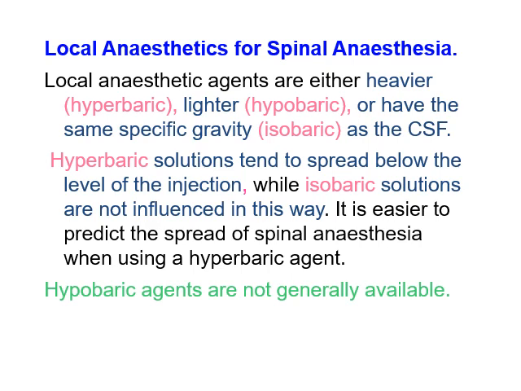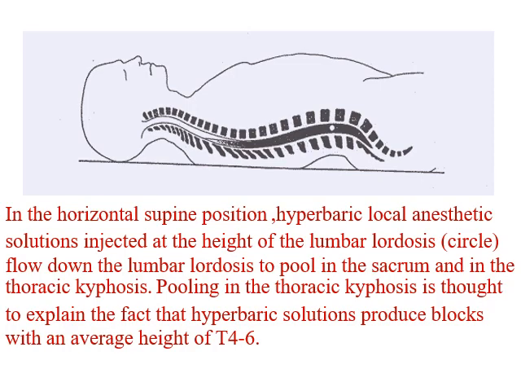Hyperbaric drugs tend to spread below the level of injection, while isobaric drugs are not influenced in this way. Again, in the horizontal spinal position, as we see, we have two curvatures.